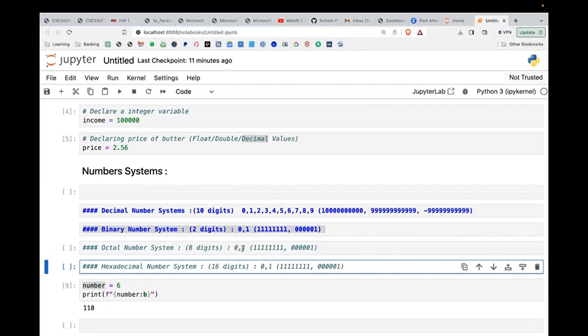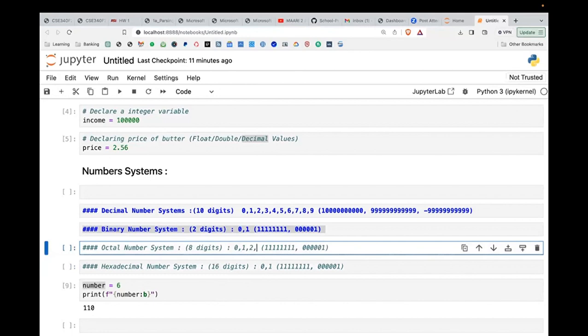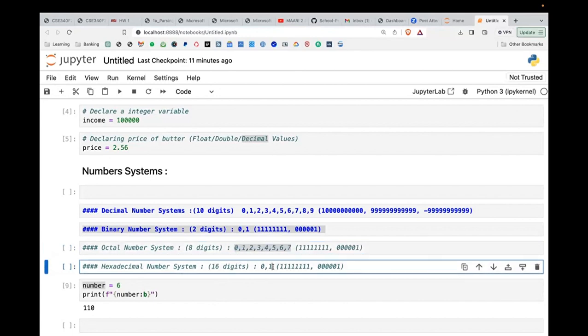What is allowed in octal? 0, 1, 2, 3, 4, 5 till 7, a total of 8 digits. And in hexadecimal, 0 to 9, and after that 10 is represented as A, 11 as B, 12 as C, 13 as D, 14 as E, and F is 15. Only these symbols are there in the language.